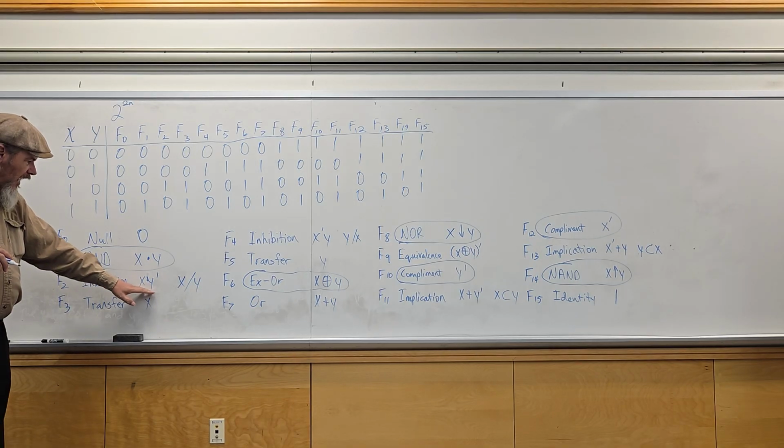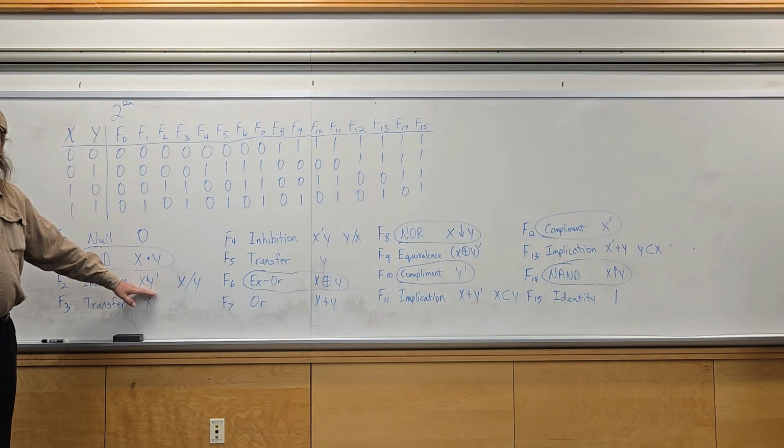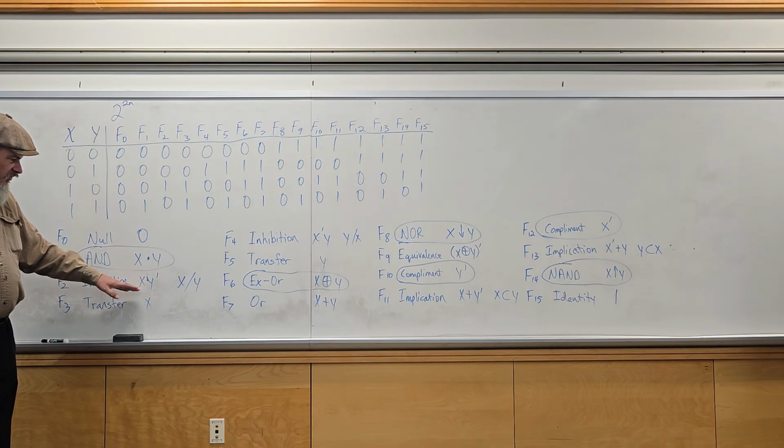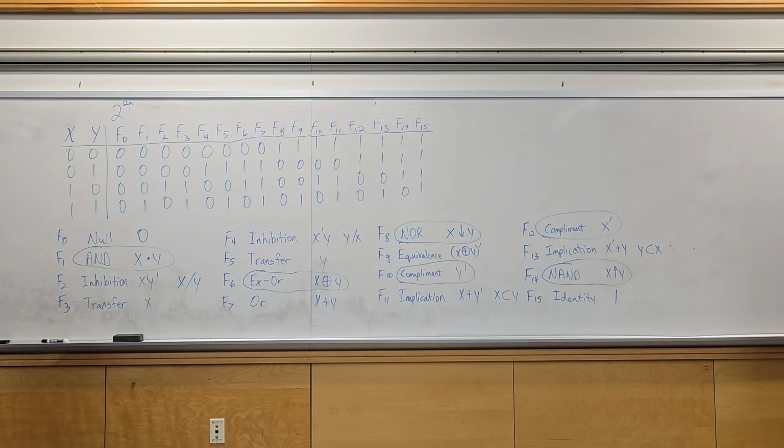Whereas X, Y prime is not symmetrical. You switch the inputs around, and you get F4 instead of F2. Again, transfer and null and identity do not require a chip.